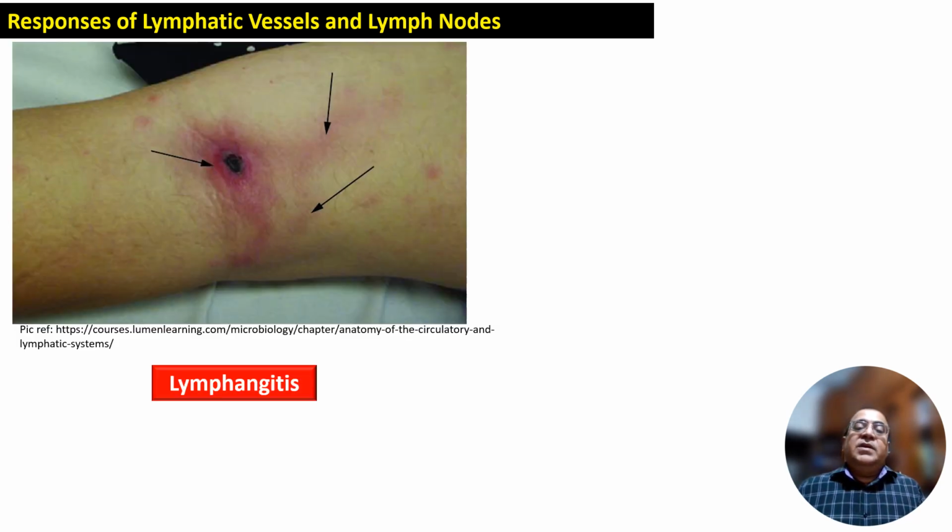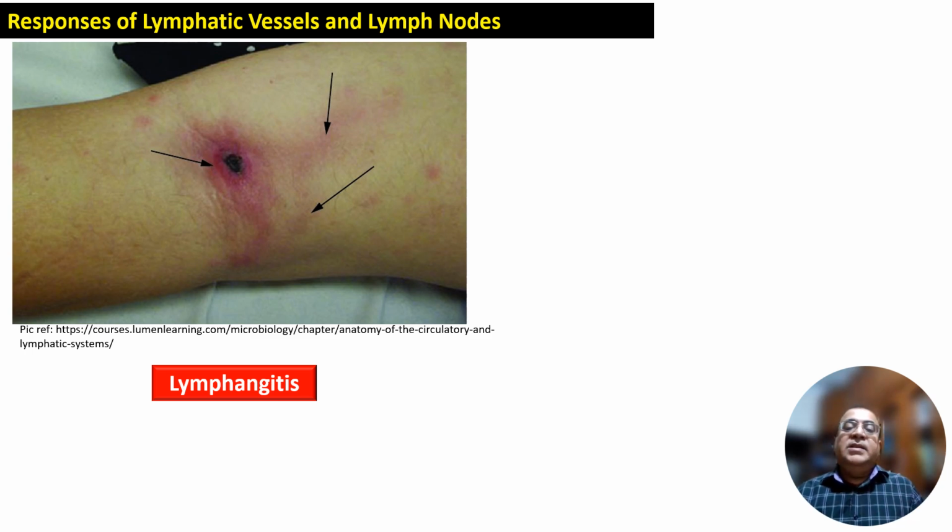So if by any means there is increased leakage of the fluid and proteins, then with the proteins and fluid, some microbes or damaging agents can also come into the lymphatics from the interstitial tissue, and that will result in secondary inflammation of the lymphatic channel or lymph node.